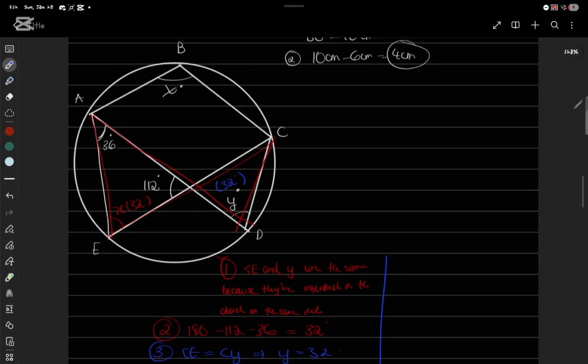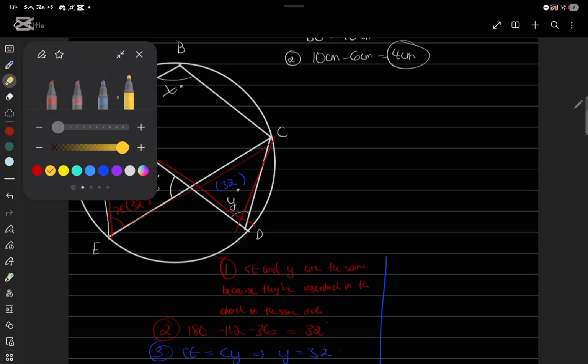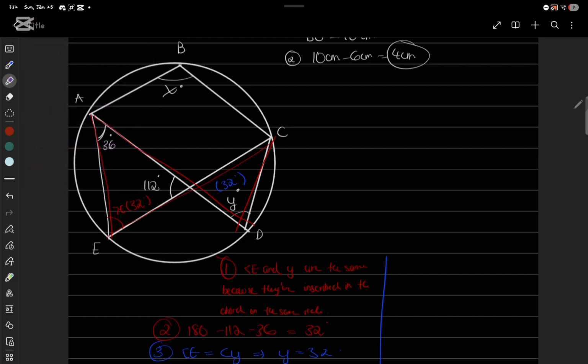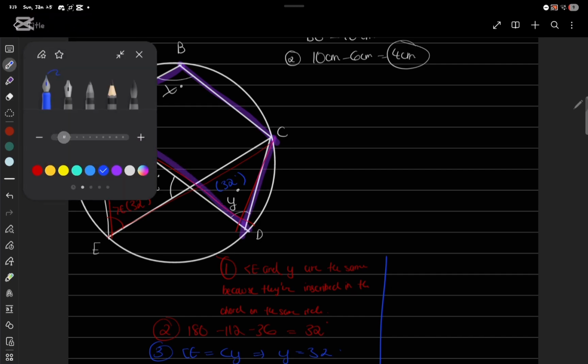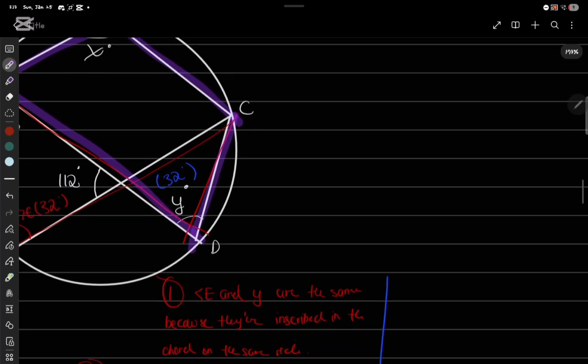And now I'm going to solve for X. But how? Another property I want you guys to realize is that it's a cyclic quadrilateral. Boom. All 4 points on the circumference of the circle. Hence, it's a cyclic quadrilateral. And what does the property say?